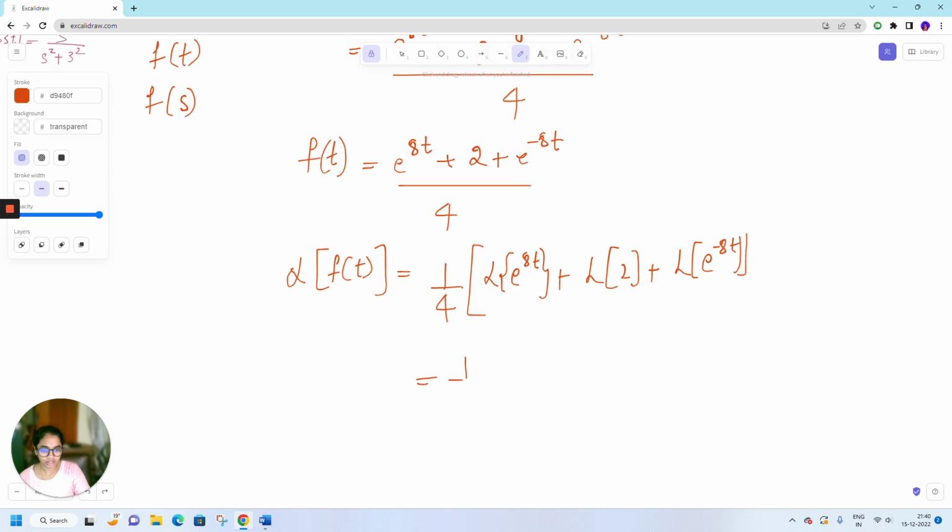Now what is e power 8t formula? It is 1 divided by s minus, in place of a I have 8. What is Laplace of a constant? It is 2 divided by s. Plus, what is Laplace of e power minus 8t? It is 1 divided by s minus of minus 8, so that would be s plus 8. So this is your answer.